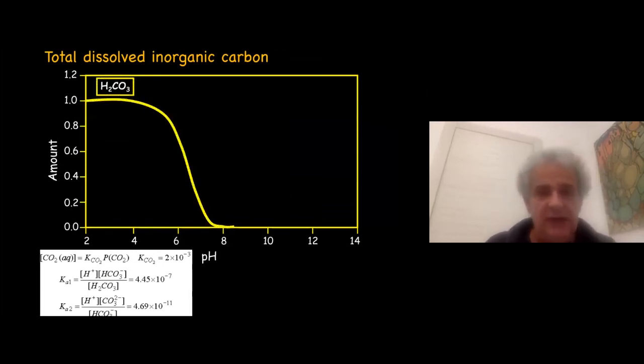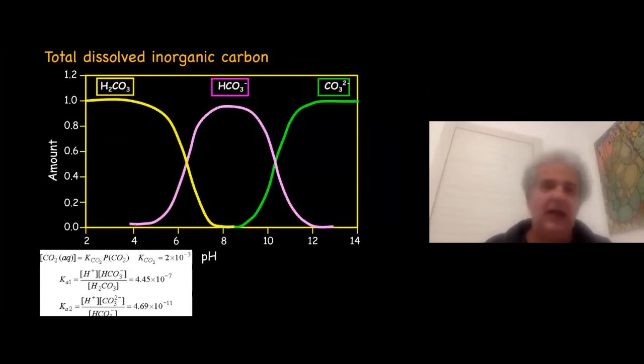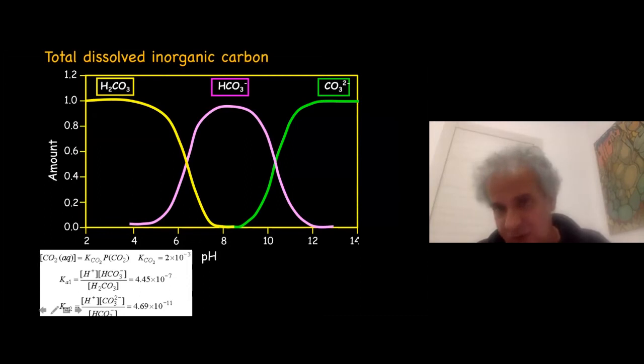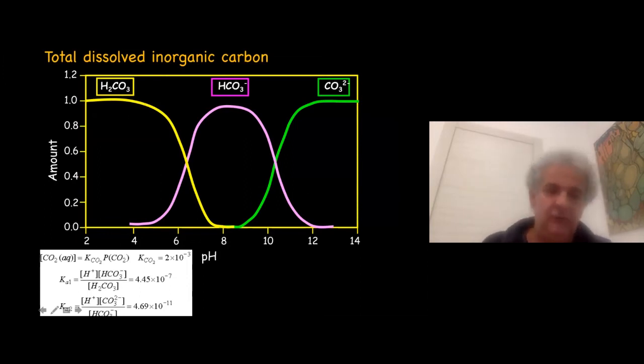Total dissolved inorganic carbon: you know this diagram that is related to the carbon species, and the carbon species are related to the pH, because according to the pH of your water, you may have different species in solution. Here, these are not the absolute values, they are relative values.